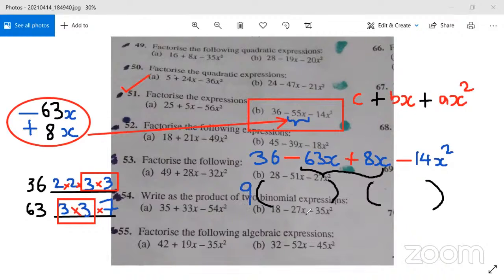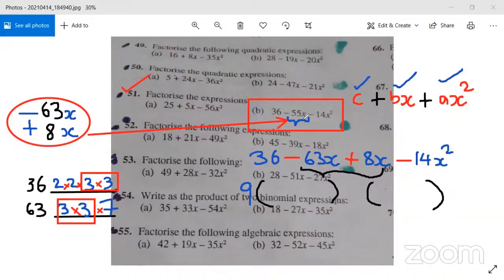Why can't we put an X there? Because remember, it's no longer ax squared plus bx plus c, but rather c plus bx plus ax squared. So because it's reversed, I cannot use 9x at this point.